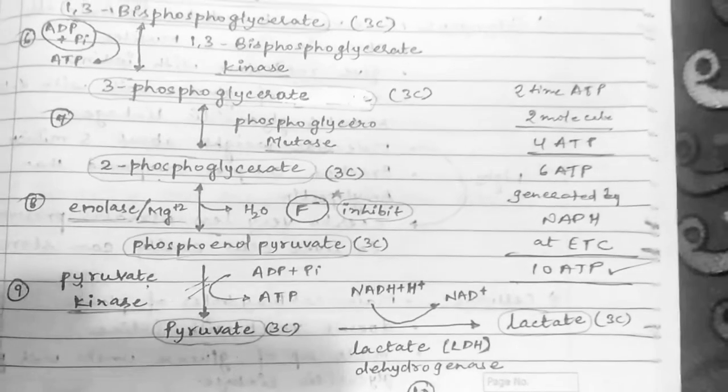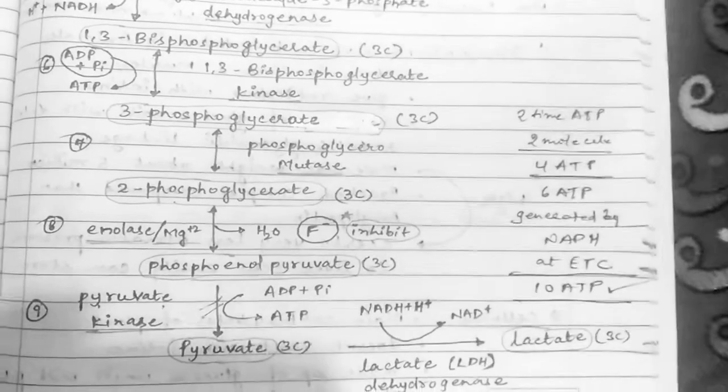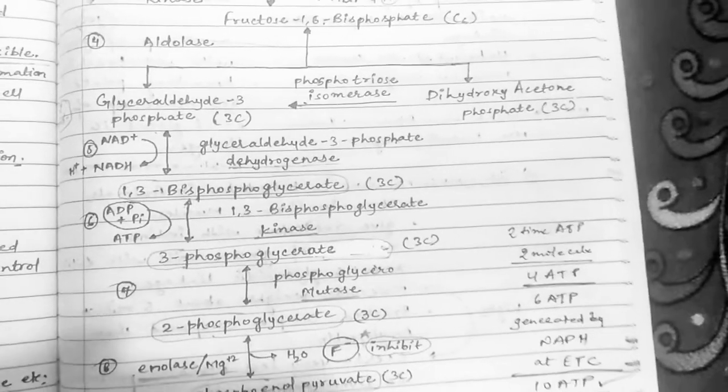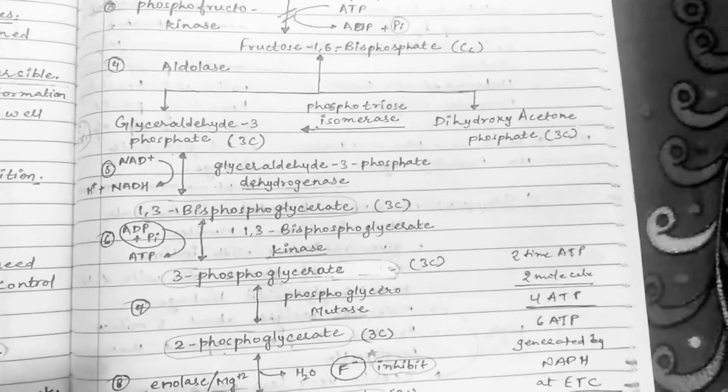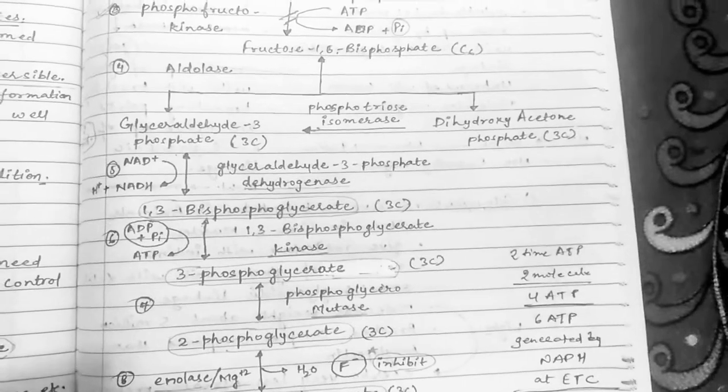That's why in the whole process 8 ATP are generated. So this is all about the glycolysis process. Hopefully you understood, and if you didn't get it, you can ask me in the comment box. Thank you.